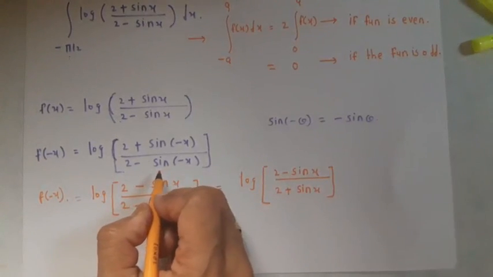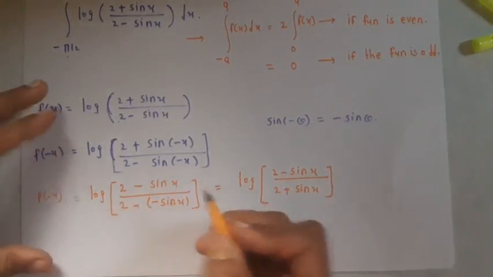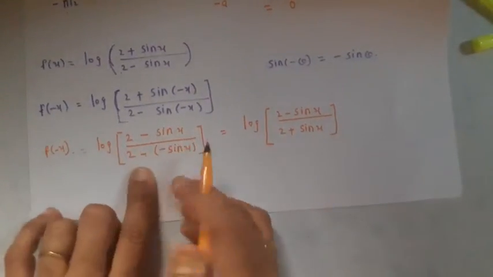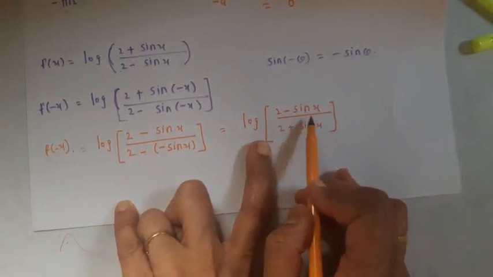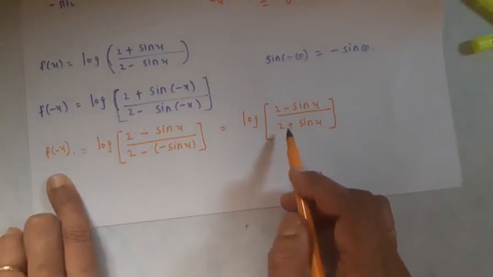Okay students, and now see here, this is log of 2 minus sin x upon 2 plus sin x. This is f of minus x.